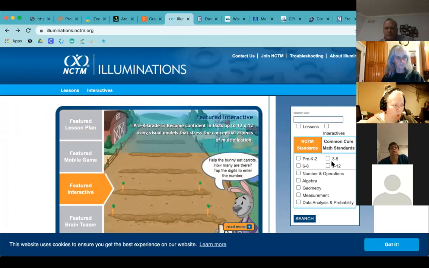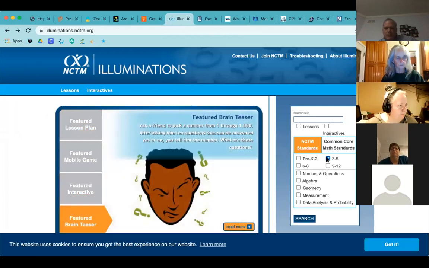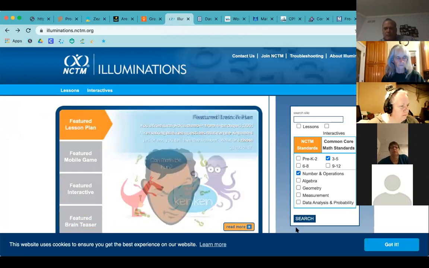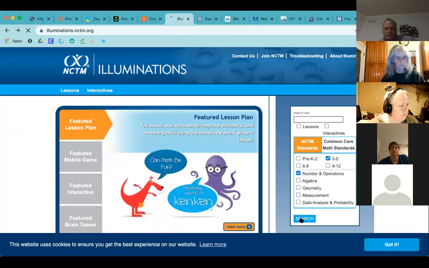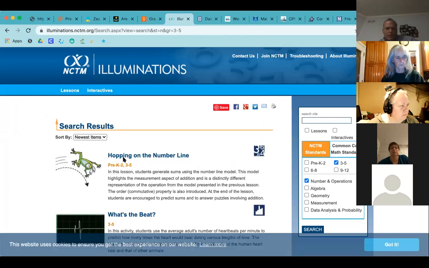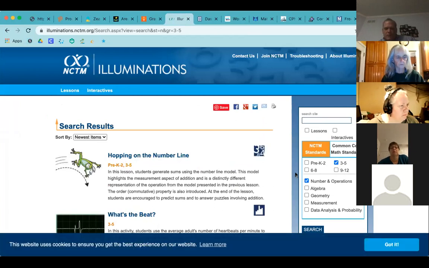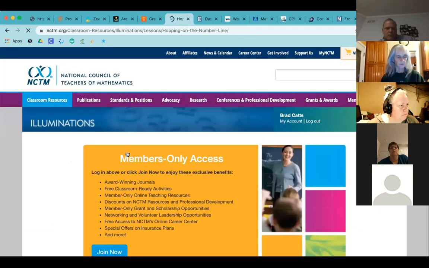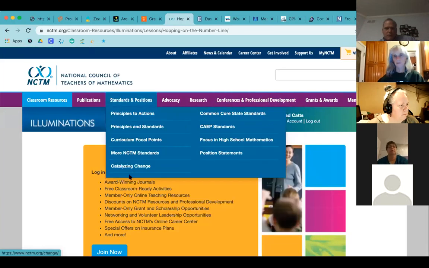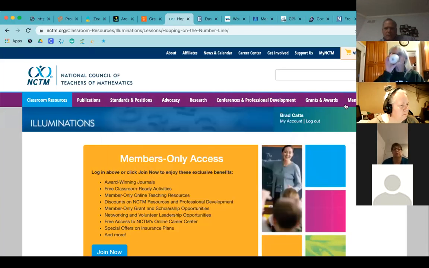You can select by grade, and then which concept you're working on with your student. Once you select over here, it brings them up, and you can just click on it. I don't think I'm logged in. That's why it's not letting me go to that one. Once you log in, it will let you actually go to that.